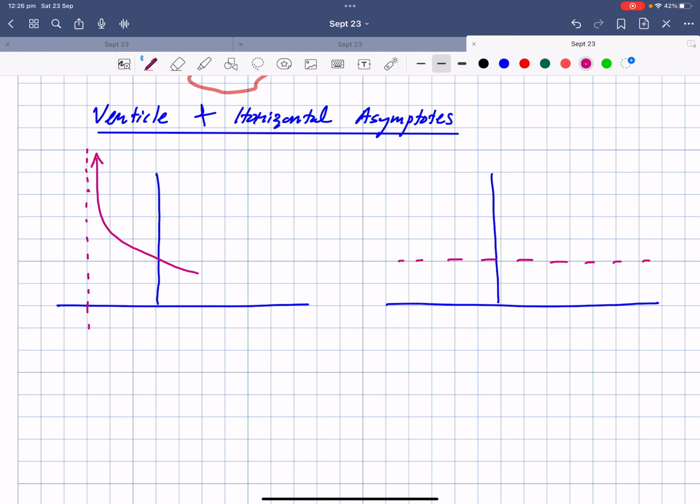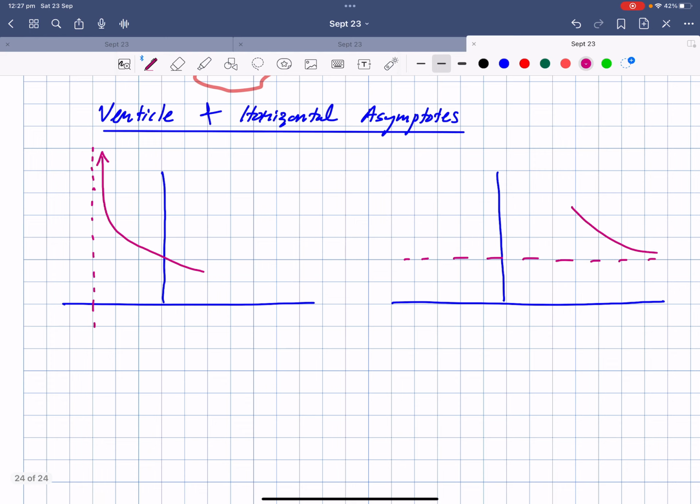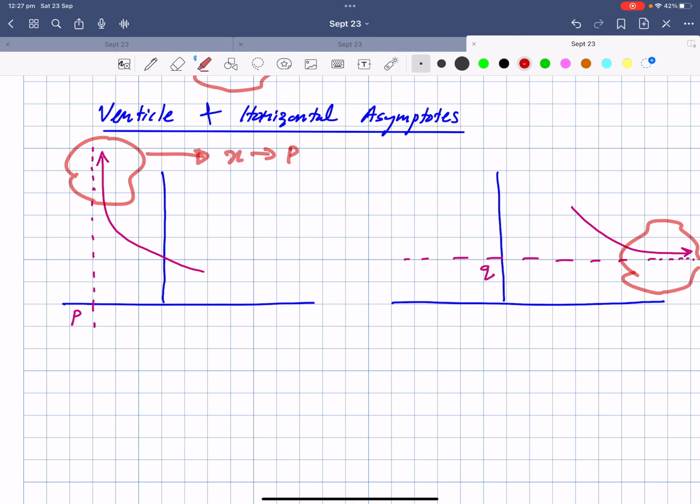Suppose you have a thing like this. So this is P. Suppose this is Q. Now this one is the vertical asymptote. This is a horizontal asymptote. Condition: x goes to P, y goes to infinity. This P value can be a negative value, it doesn't matter. Here, when x goes to infinity, y goes to Q. It's a horizontal asymptote. So that's just a distinction between those two. Otherwise, both of them are asymptotes.